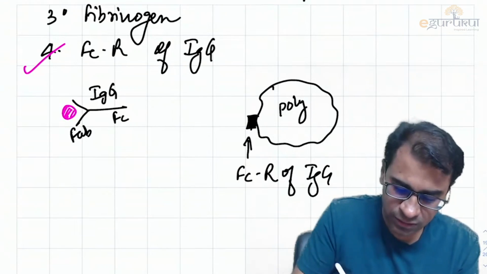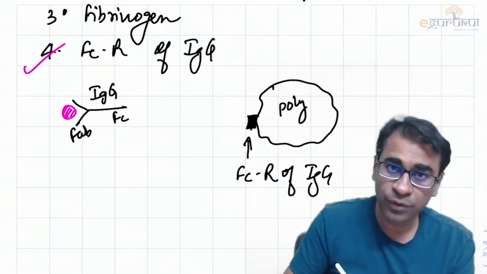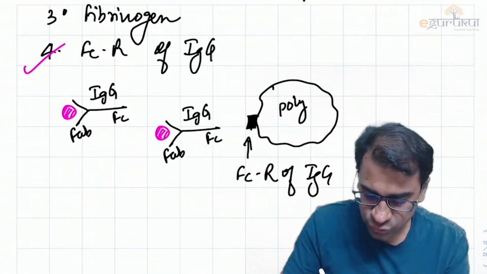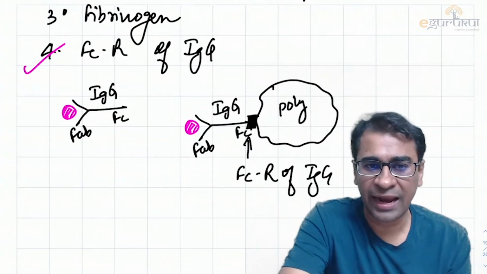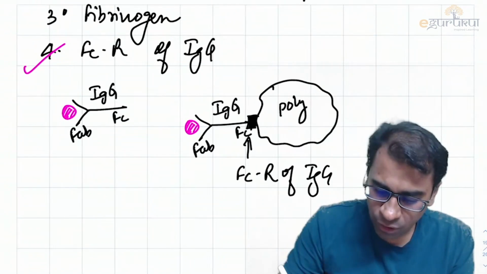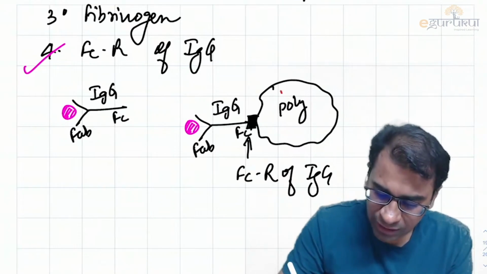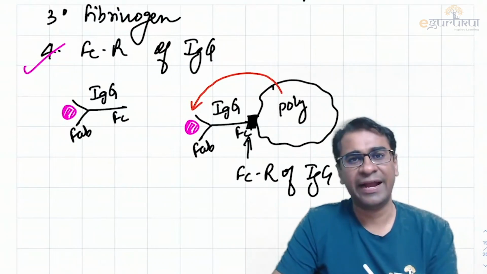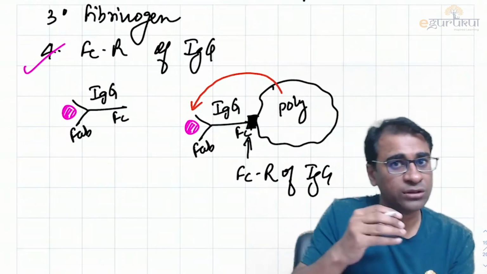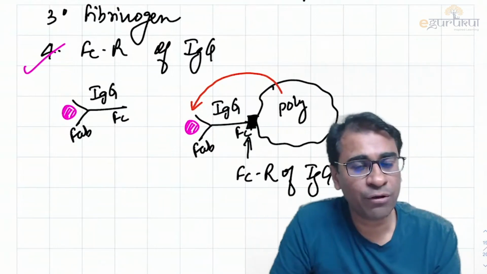So this IgG molecule, it will go and attach to the polymorph here. The polymorph can destroy the antigen easily. Why? Because now the antigen is very close to the polymorph.